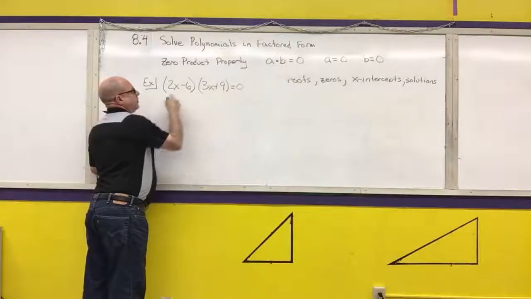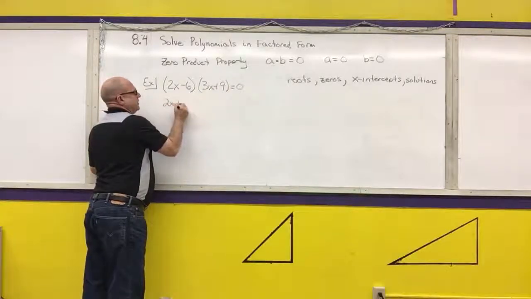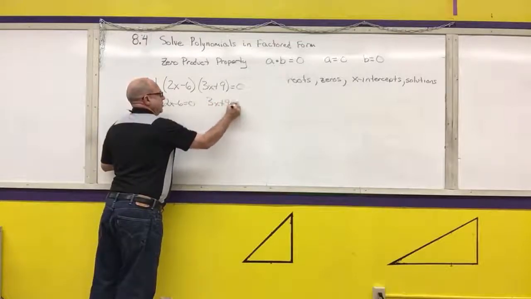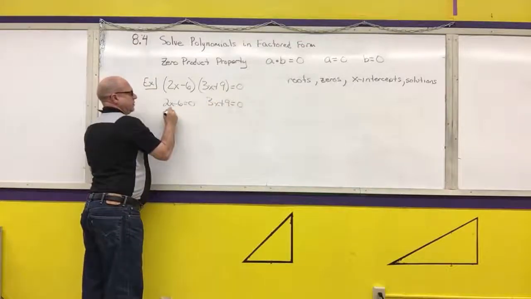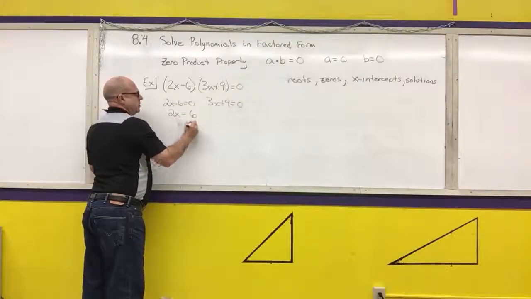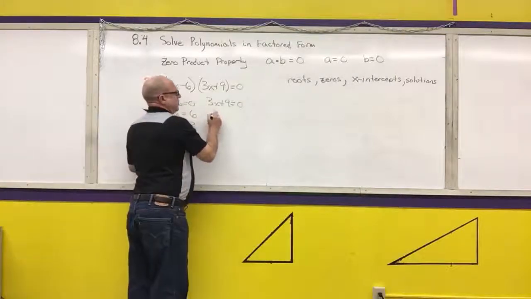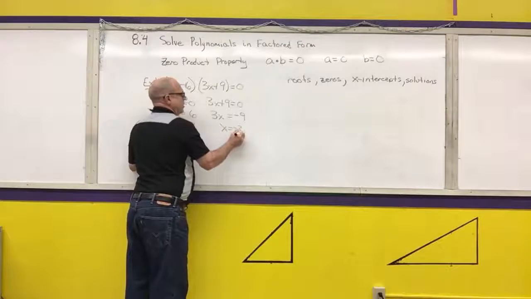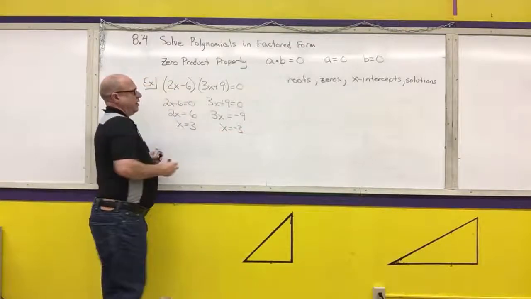I get 2x minus 6 is equal to 0, and 3x plus 9 is equal to 0. Add 6. Divide by 2. Subtract 9. Divide by 3. My answers would be 3 and negative 3.